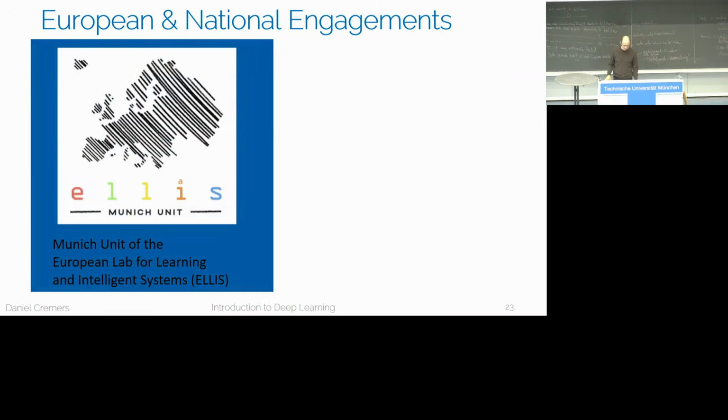Here in Munich as well, we're active in many ways. I'm directing a network unit of a European network called ELLIS, the European Lab for Learning and Intelligent Systems. It's a network of excellent AI competence centers across Europe.